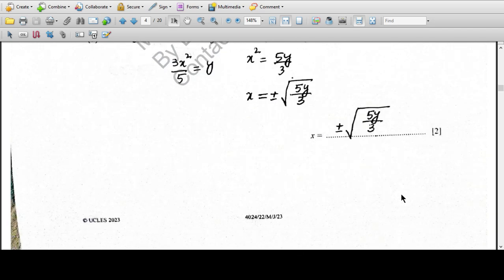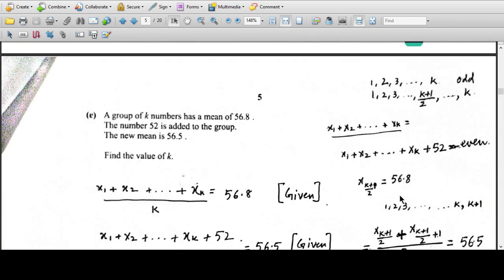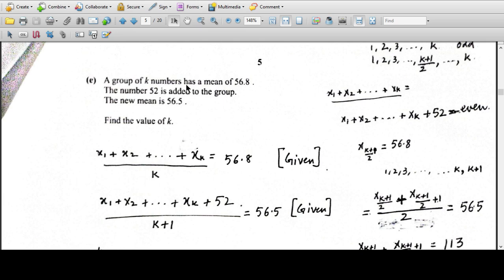This is part B. In part C, a group of k numbers has a mean of 56.8. So the k numbers x1, x2, x3 up to xk, if we add all these and divide by k, we will have this mean value of 56.8.